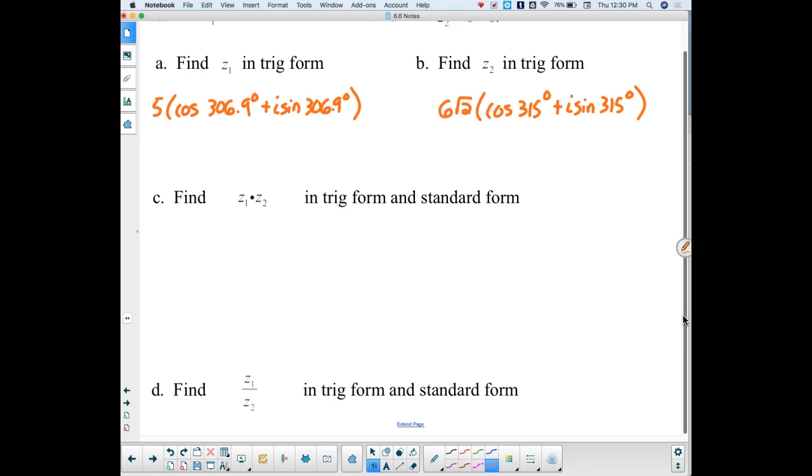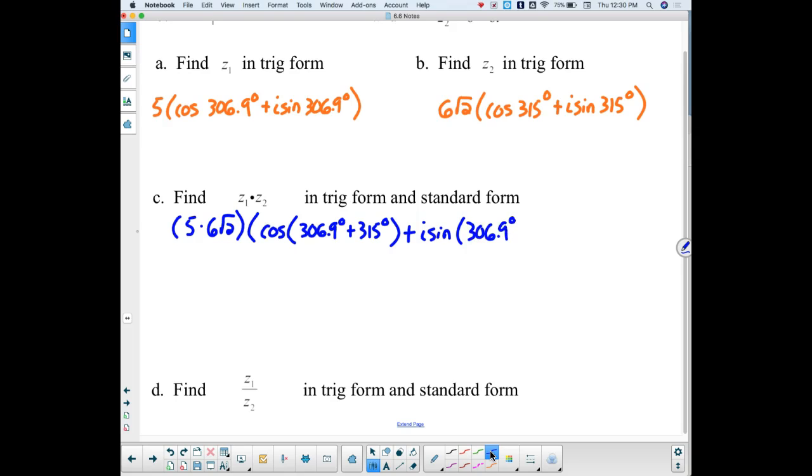And so in trig form, this one here, the multiplication would be 5 times 6 square roots of 2 times the cosine of 306.9 degrees plus 315 degrees plus i times the sine of 306.9 degrees plus 315 degrees, which gives me 30 square roots of 2 times the cosine of 621.9 degrees.